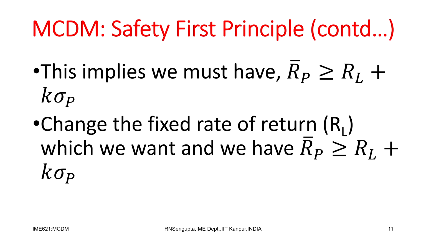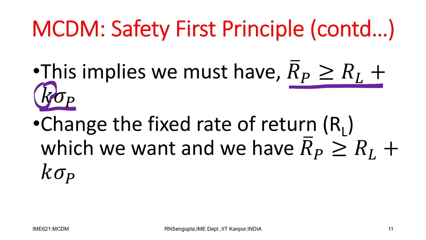Consider that I write the equation as R p is greater than R L plus k sigma p. This k is the constant value which I can change. Sigma p is given from the data, fixed, R L given from the information, fixed, R p bar given from the data, fixed. So, I want to find out, depending on the alpha value, what k is, and depending on the k value, whether this equation is met.